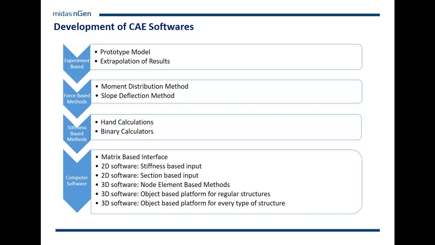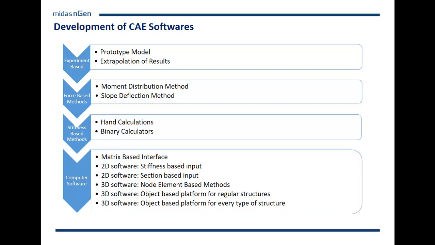Since this is a new upgrade in the existing technology for structure analysis and design, let us see how the technology for structure analysis has been developed so far. So the era of structural engineering started with experiment-based understanding.